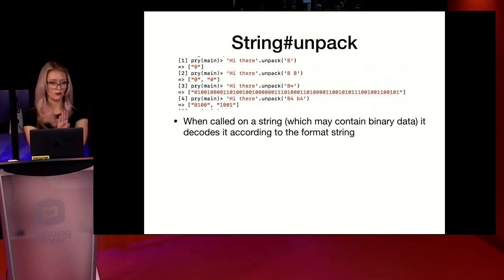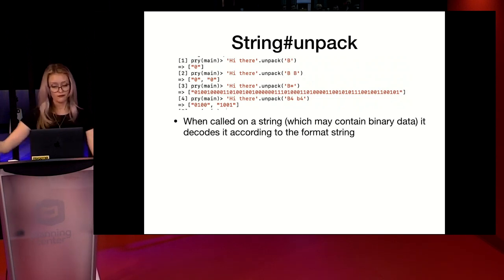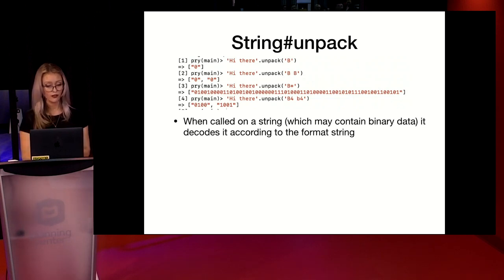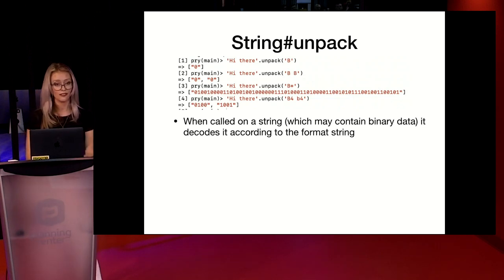If I do B, B, B without a space, I just get them all smushed. So whatever you would like. If you want all of them, you can just add an asterisk at the end, and you get all of them. If for some reason you wanted the first 4 in most significant bit and the last 4 in least significant bit, you can pass it capital B4 space lowercase b4, and you get that.